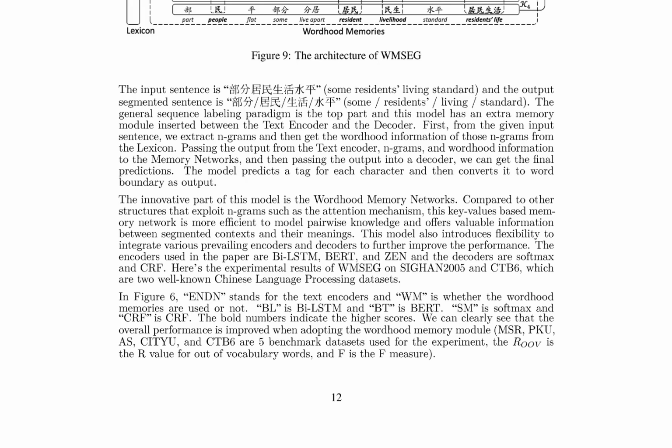The WMSEG model uses a combination of BiLSTM, BERT, and ZEN encoders and softmax and CRF decoders. The experimental results show that the model achieves state-of-the-art performance on CWS tasks, especially when using the wordhood memory module. The results also indicate that the model can handle out-of-vocabulary words and provide more accurate segmentation labels.